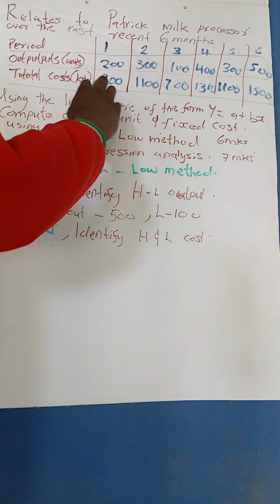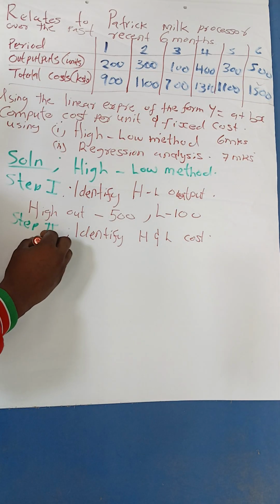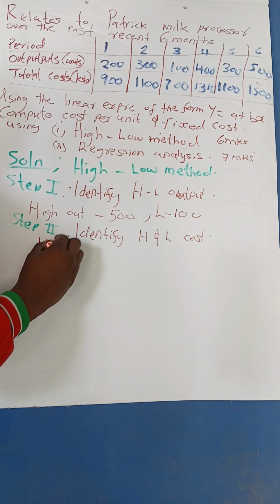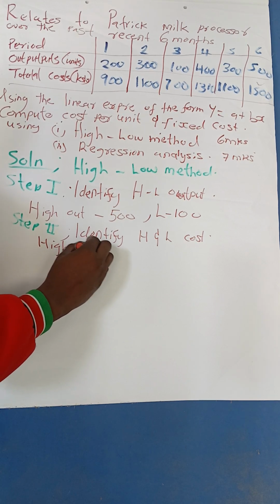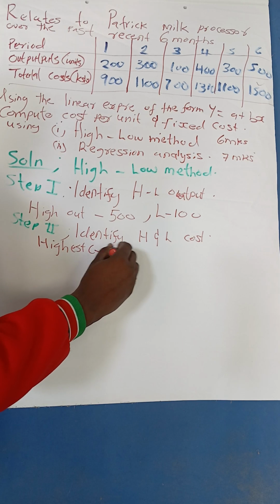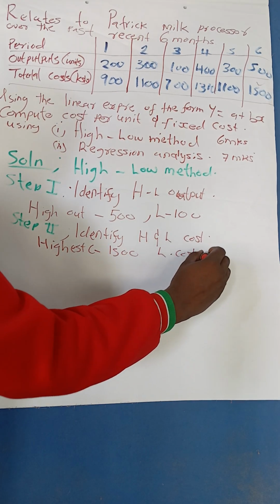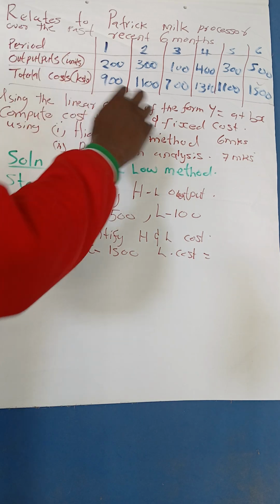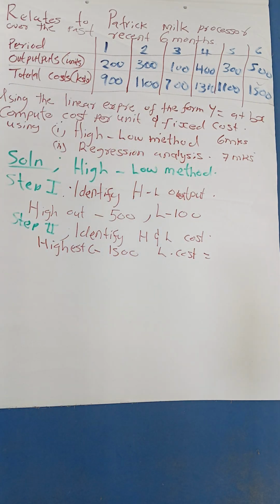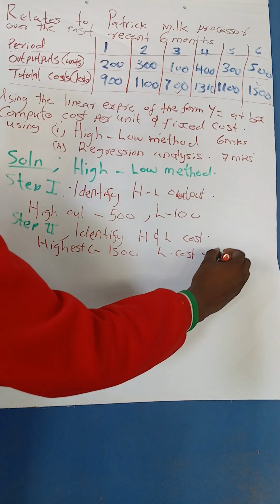So you'll come here, the highest cost here is 1500. So you'll say the highest cost is 1500. The lowest cost for this case we have is 700. I can see we have it here, it's 700.